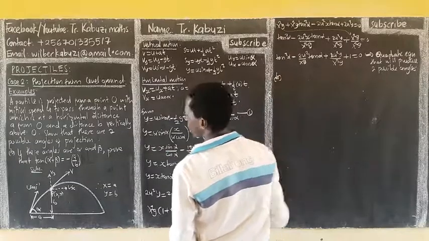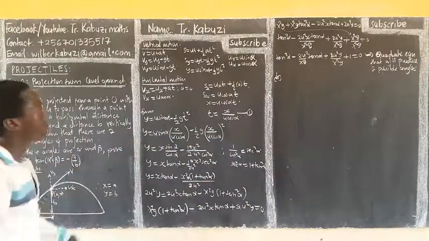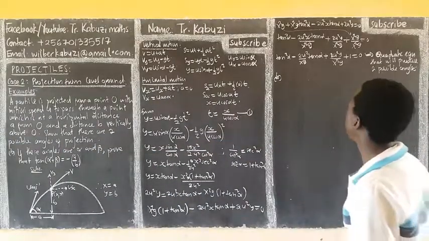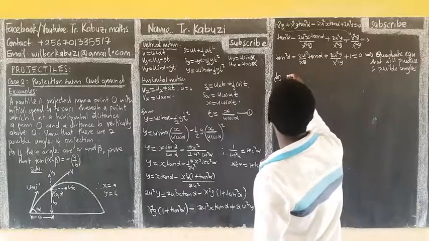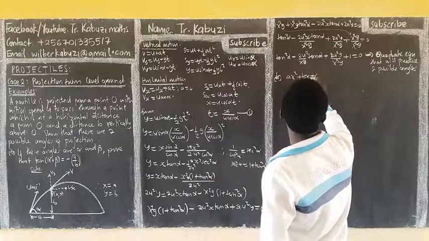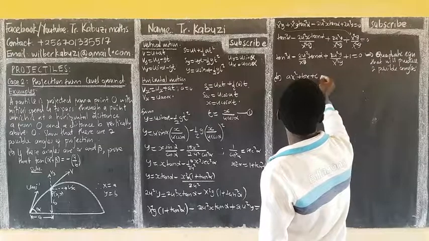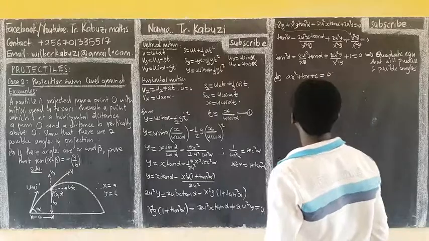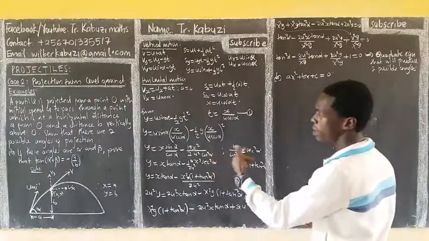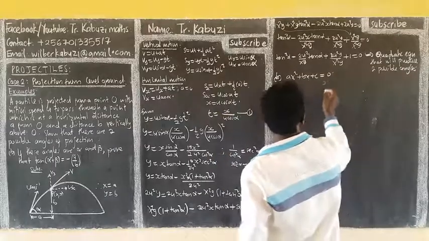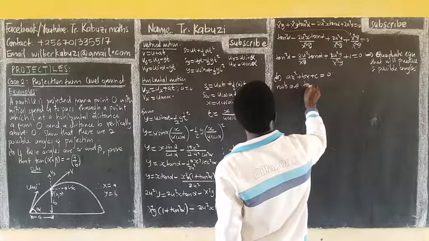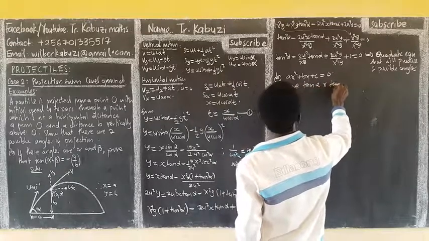Then part B: if the angles are alpha and beta, it implies that if we compare with the general quadratic equation, ax squared plus bx plus c equal to 0, remember the two roots, the two angles, are alpha and beta, implying that our roots are tan alpha and tan beta.